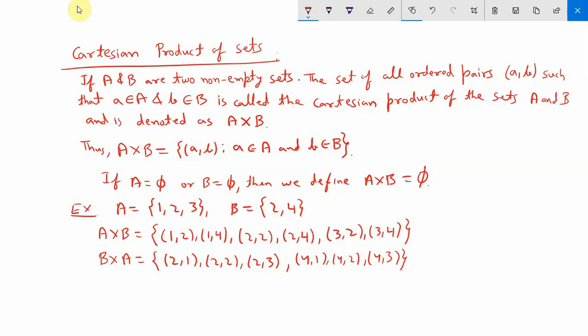Now in this we have considered only two sets A and B. Next we will consider if we have three sets, then how we will do A × B × C. Cartesian product of three sets. Okay.